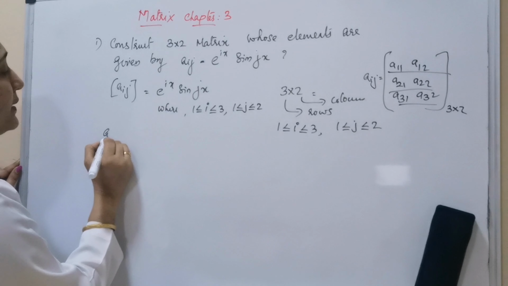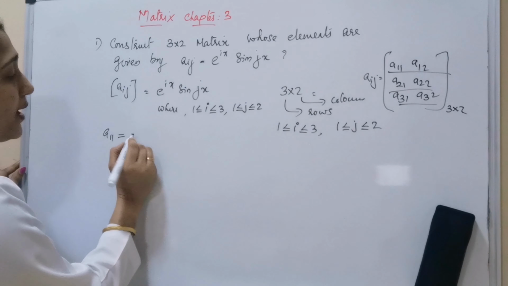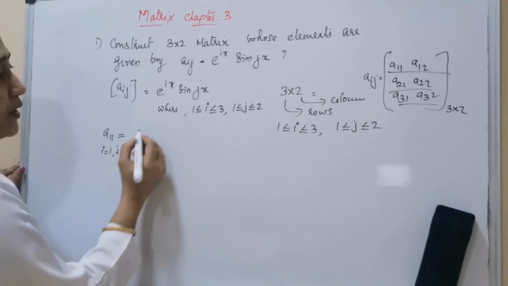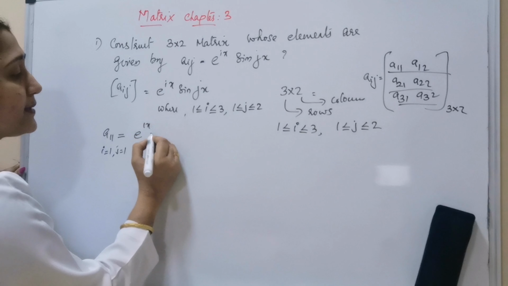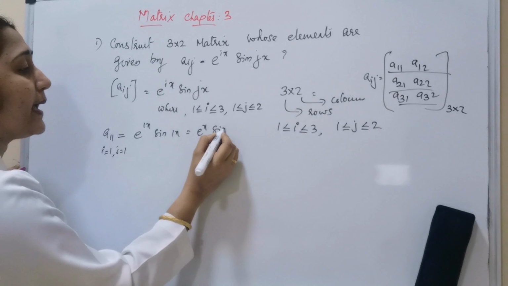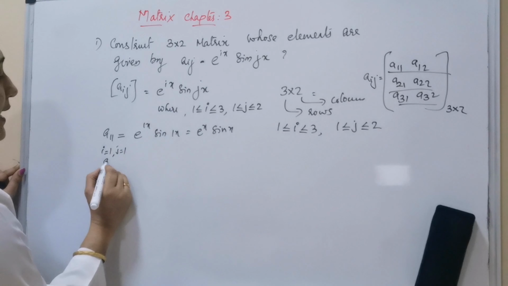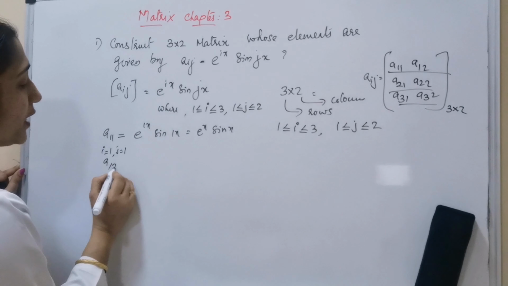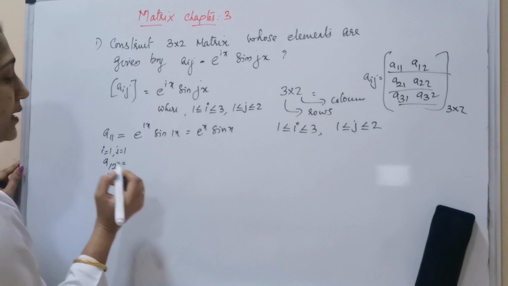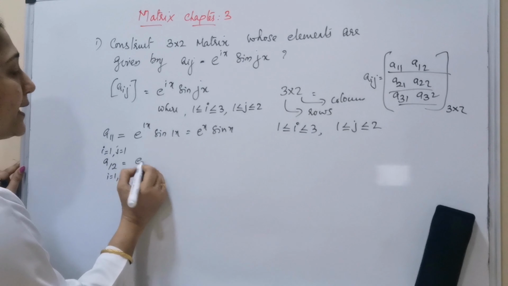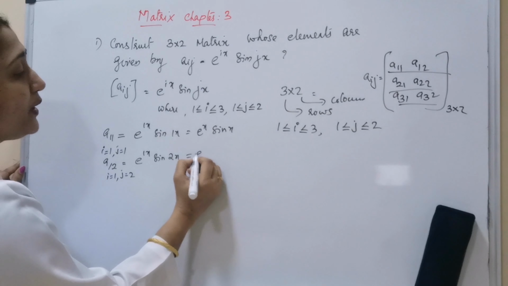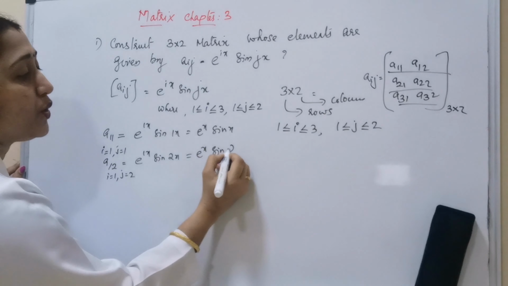So the first element is A11. Here we substitute i is equal to 1 and j is equal to 1. That is equal to e raised to 1x sin 1x, which is e raised to x sin x. Next element is A12, where i is equal to 1, j is equal to 2: e raised to 1x sin 2x, that is equal to e raised to x sin 2x.